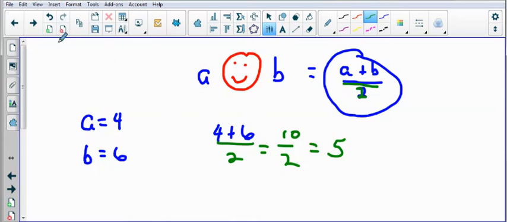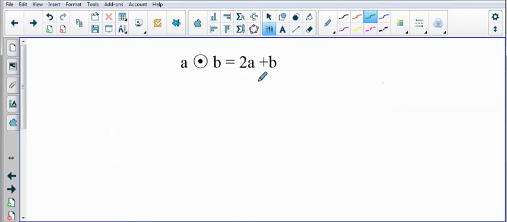And I gave you a worksheet with 3 different types of these. This says A fisheye B means you take 2 times A and you add it to B. Well, let's use an example. Let's say that A is equal to 7, and B is equal to 3.